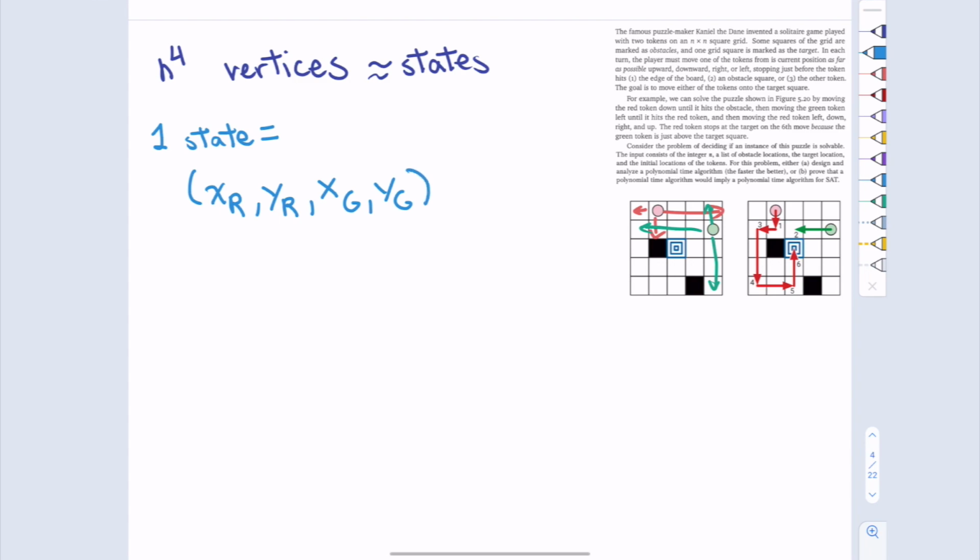Okay, so I guess this is where you're getting something like n to the fourth, because that's how many combinations there are. Okay, and then maybe you'll make an extra source or supersink or something at the end, but that's most of it.